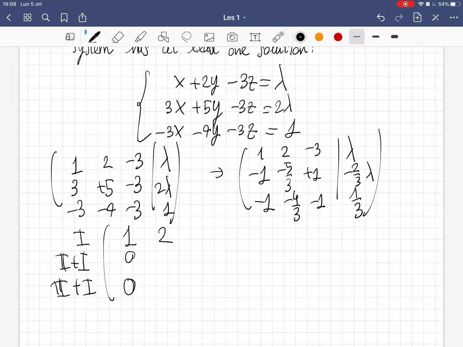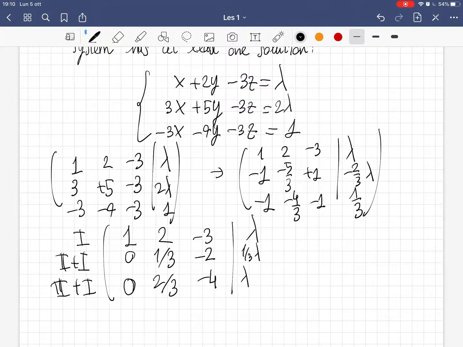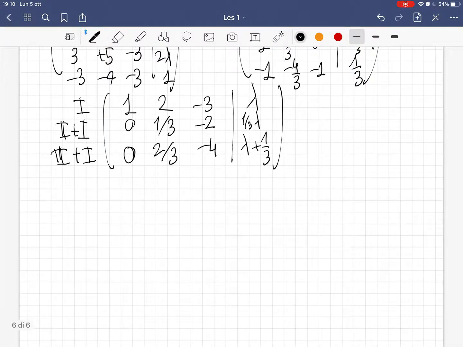And then if you do the computations here, you get 2, 1/3, 2/3, minus 3, minus 2, minus 4. And here, just be careful. This is 1/3 lambda, and this is lambda plus 1/3. Now let's multiply the rows so that I get rid of the fractions, just for more clarity.